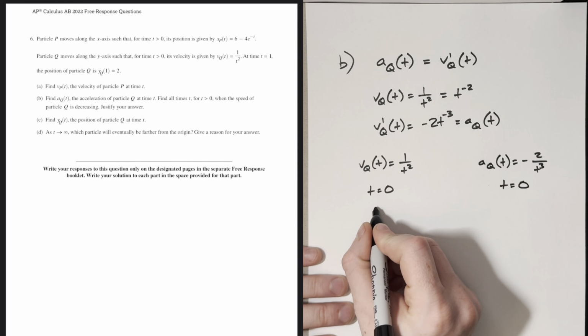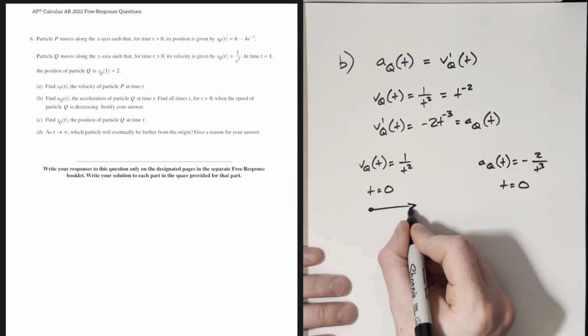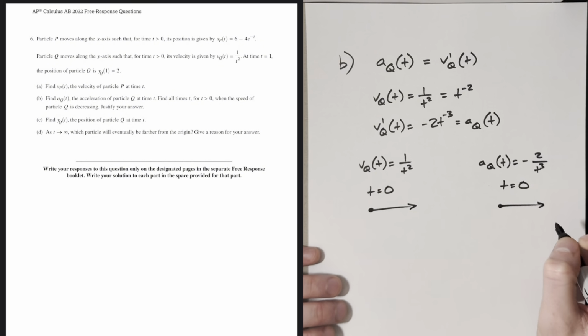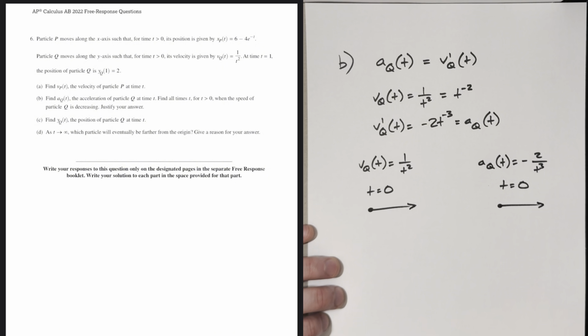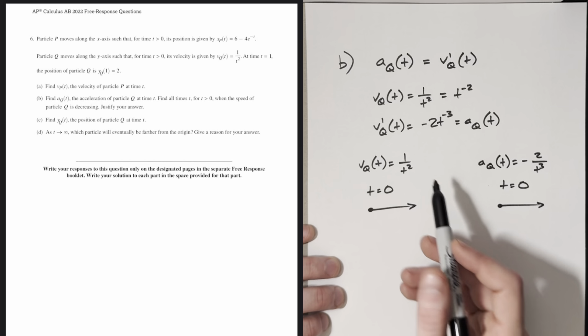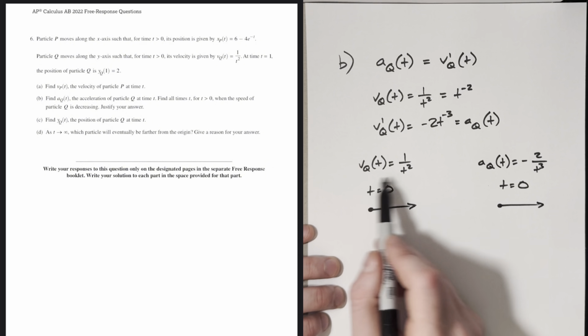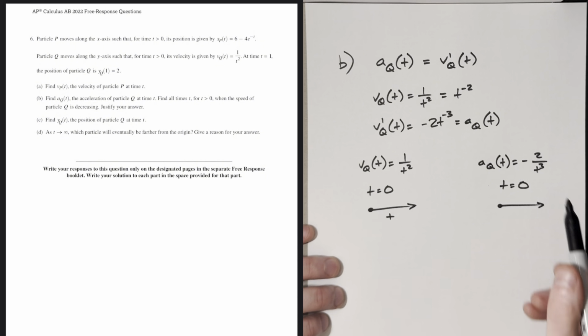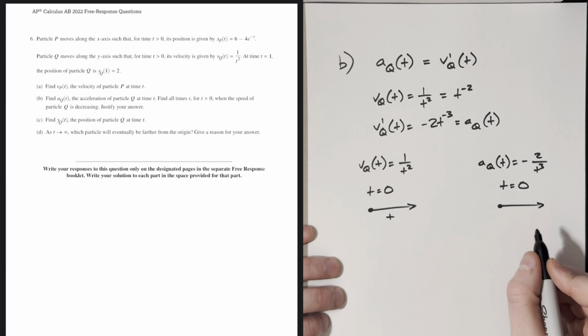We're only looking at t greater than 0. So if I set up my number line, I'm really just starting at 0 and going this direction for both of these, because t has to be greater than 0. There's no critical values where it might change signs. So I just need to check. If I plug in t equals 1, is my velocity positive or negative? It's positive. If I plug in t equals 1 into acceleration, is it positive or negative?